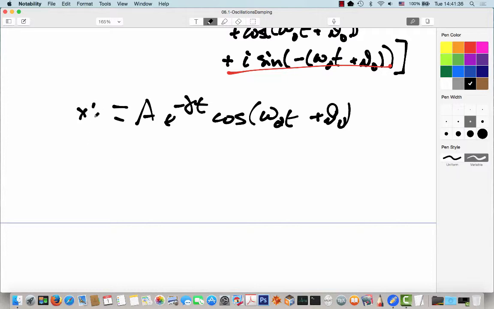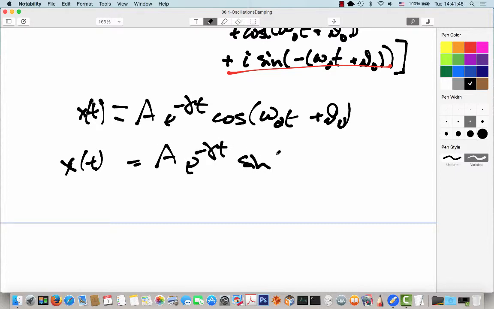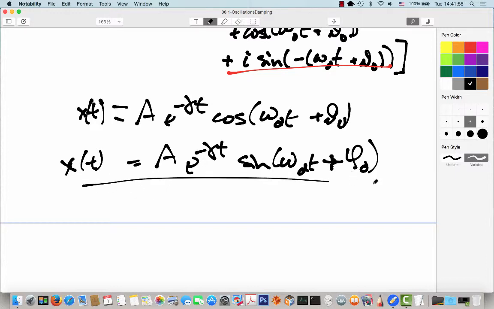So I will rewrite as x of t equals a e to the minus gamma t sine of omega d t plus phi naught, where phi naught differs from our theta naught by pi over 2, but at least gets it into the nice standard form.